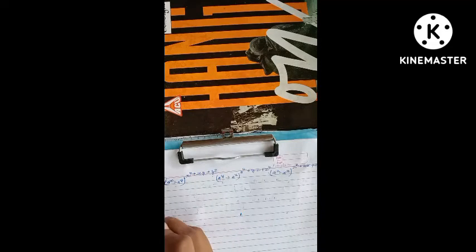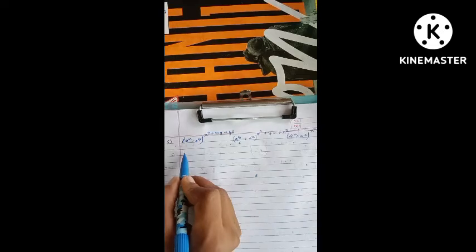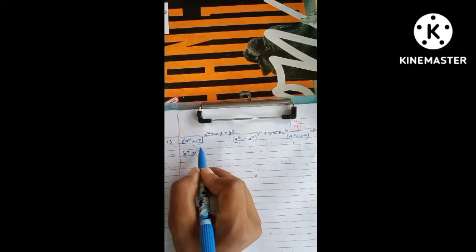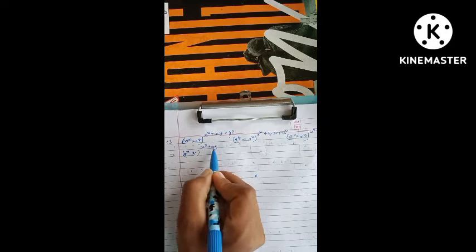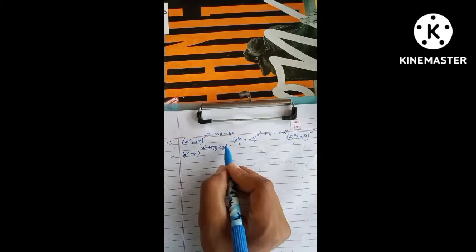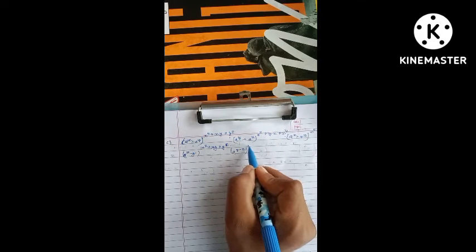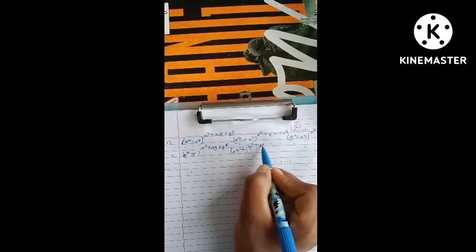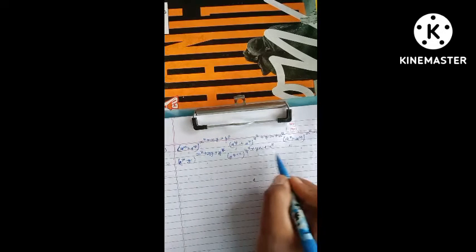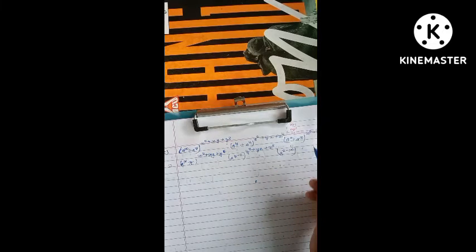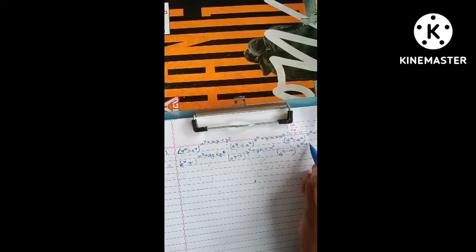Here we can write a to the power x minus y, with x square plus xy plus y square. Then also a to the power y minus z, with y square plus yz plus z square. Also a to the power z minus x, with z square plus zx plus x square.